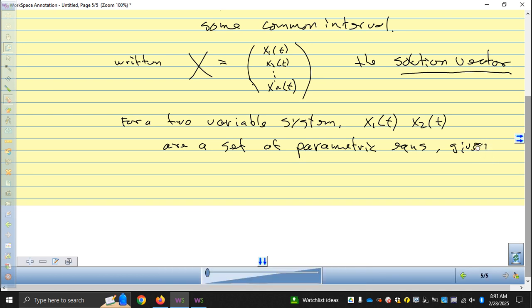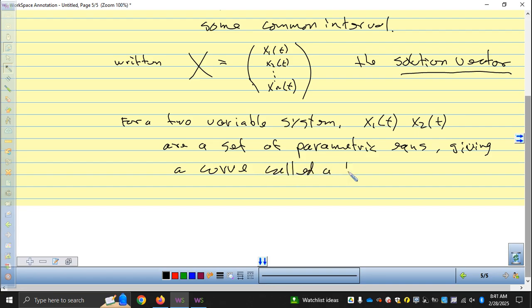And they give a curve that we call a trajectory in the x1, x2 plane, that we call the phase plane.